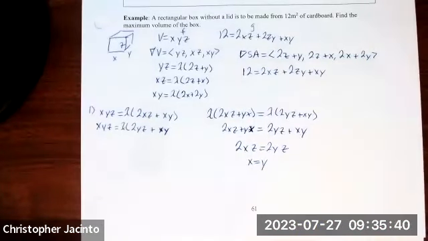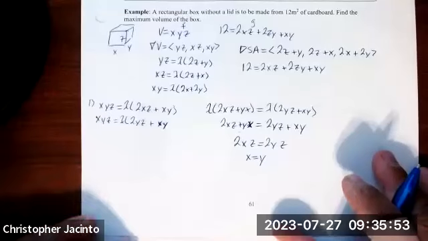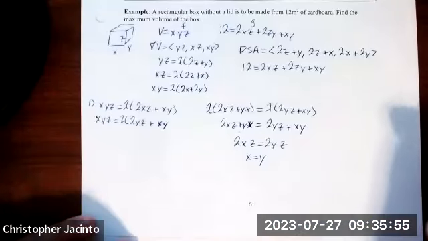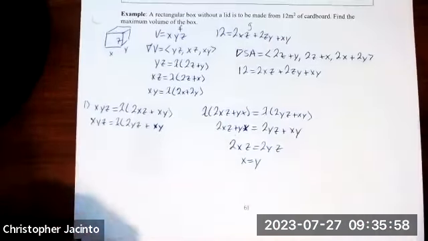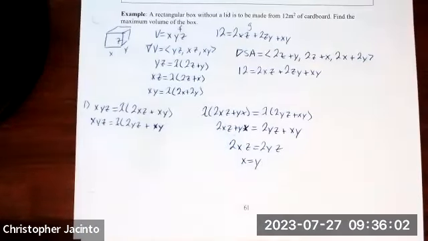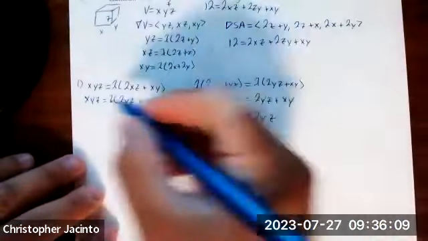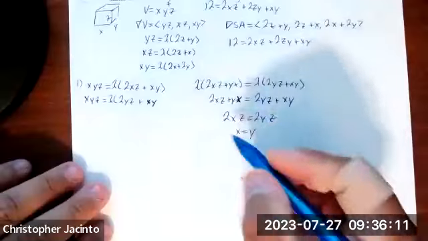All right, so if we get x equals y, then we can backtrack, going backwards now. Now that we know x equals y, we can plug it in and see what the x and y components would be back in our equations. So let's go back to any of these with x equals y.